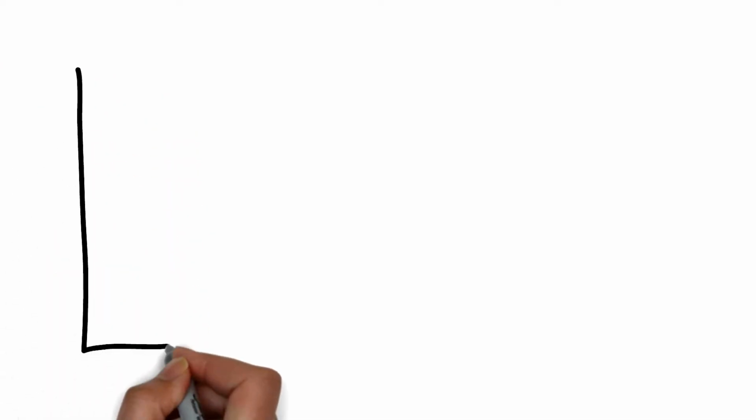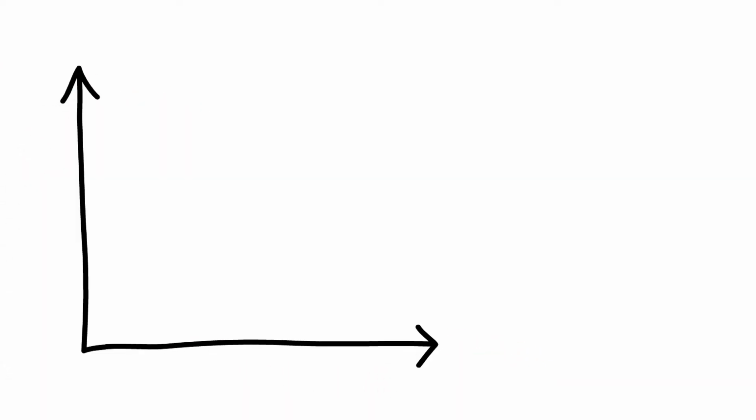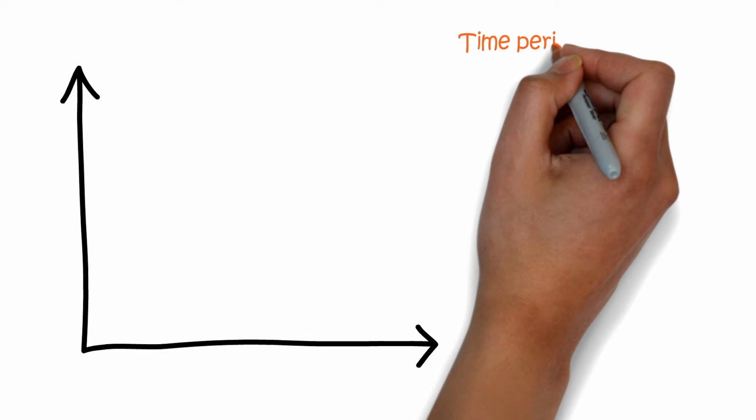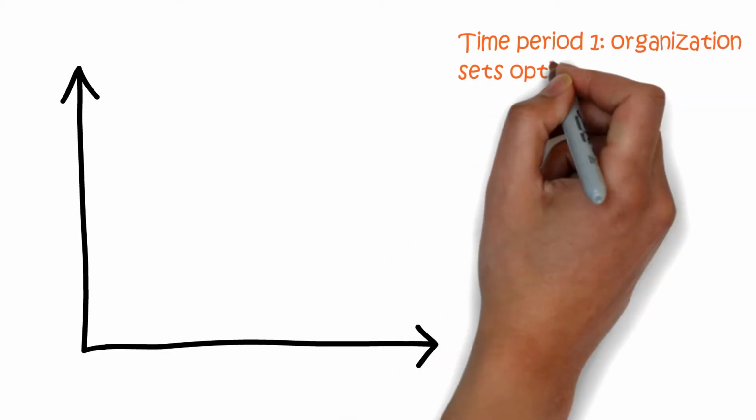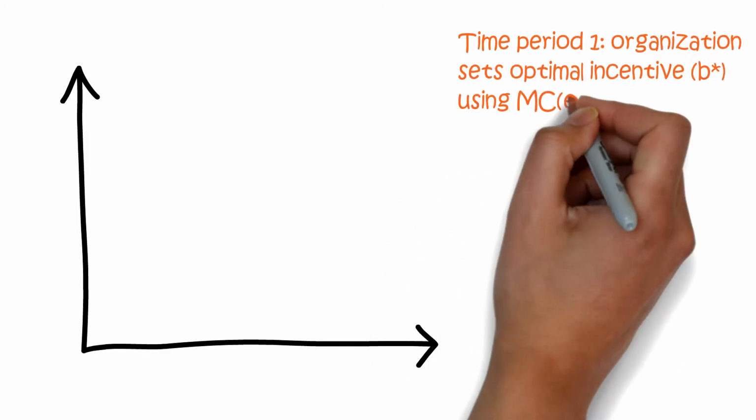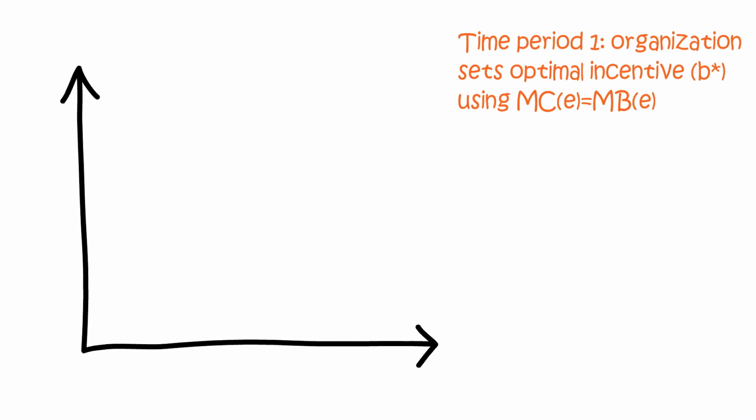Now let's think about how to incorporate this into the graphical approach we've been using. We'll do this by thinking about two time periods. In the first time period, we start with our typical setup in which the organization sets the optimal incentive by determining where the organization's marginal benefit of additional effort equals the marginal cost of additional effort. So we have the typical marginal graph with effort or quantity on the x-axis and dollars per unit of effort on the y-axis.